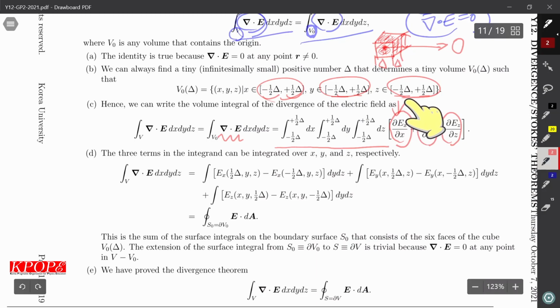The first term, for example, is a derivative of x, and derivative of x integrated over x. So we can carry out the x integral. Remaining integral is a 2D surface integral of the yz plane. The second term is a y derivative, so the y integral can be carried out, and z integral, and so on.